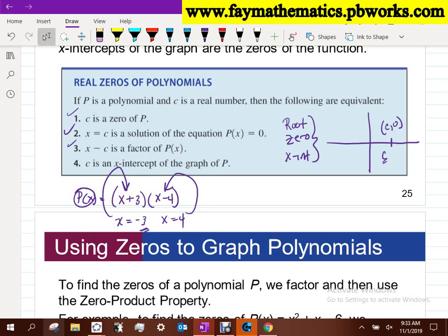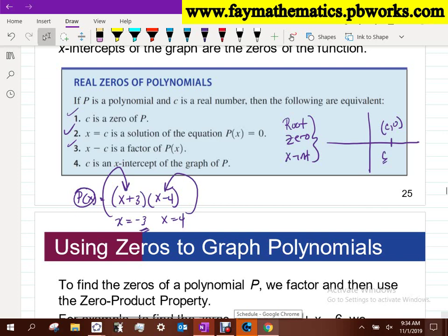Is that okay? Okay. If I tell you that you evaluated your polynomial at 4 and you got a 0 back, you automatically know now that x minus 4 is a factor of your polynomial. Okay. So those are some terminology things that we need to kind of justify and come to terms with.